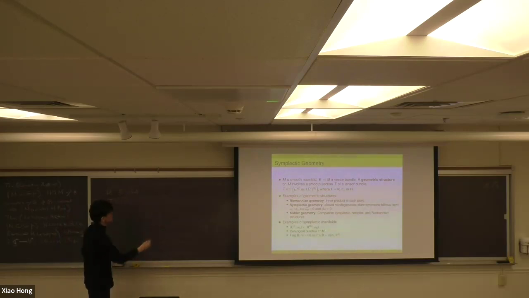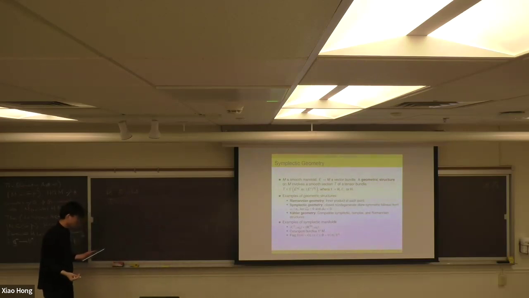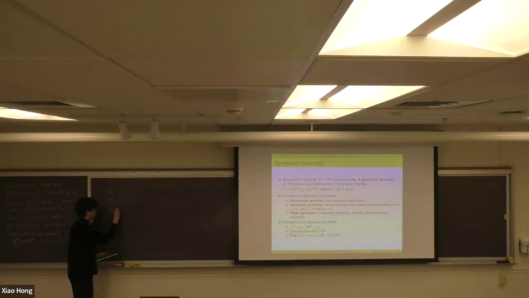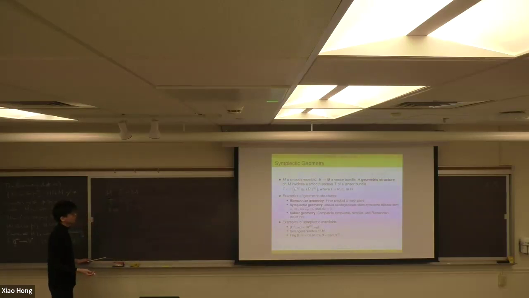It can be written in a fancy form. A familiar example is the Riemannian manifold, where for each point you assign an inner product and do this smoothly. The topic for this presentation is symplectic geometry.